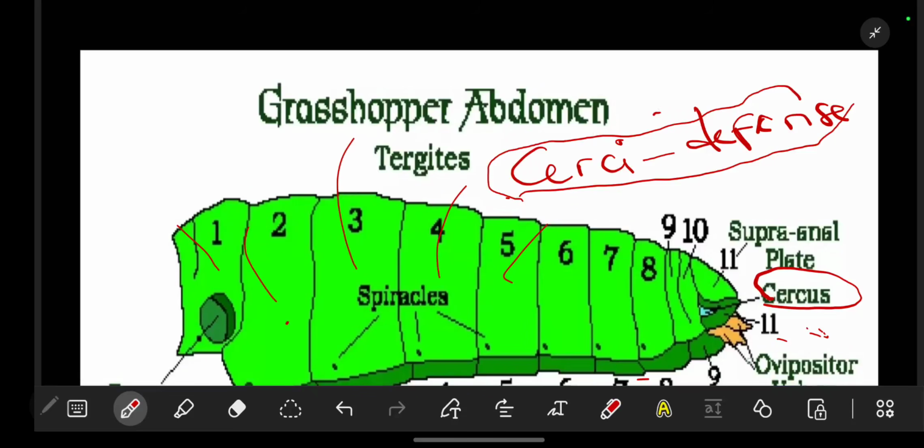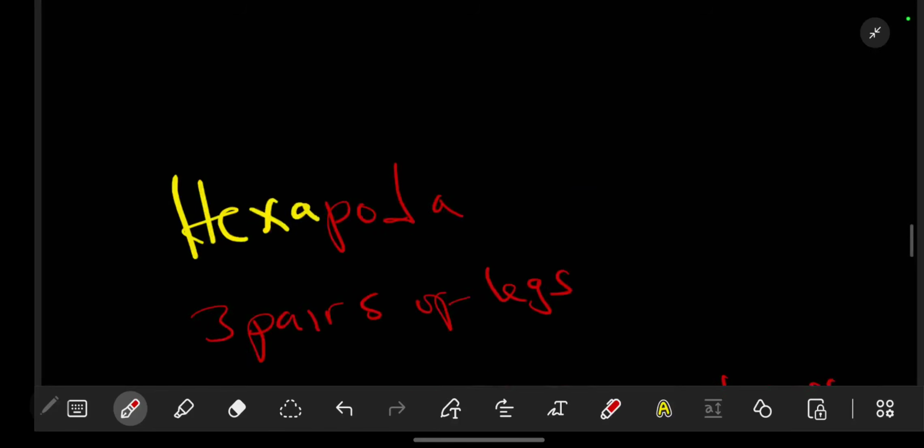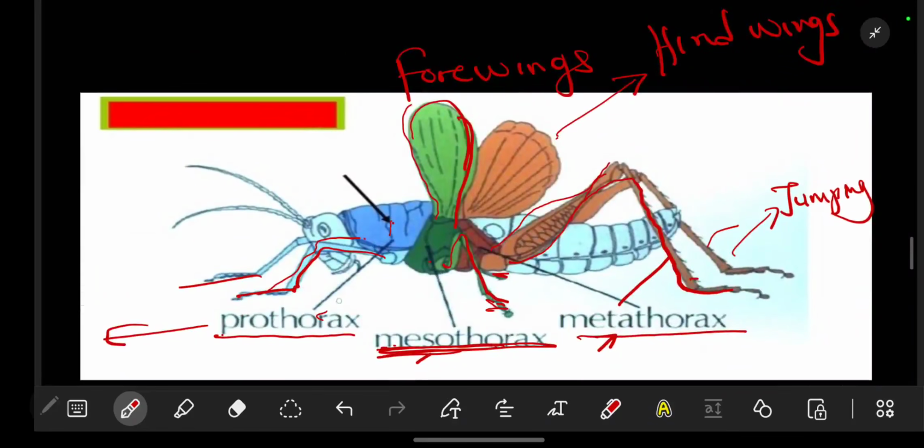This detail is important, and also the prothorax, mesothorax, and the metathorax are very important. Just to recap, the prothorax does not have any wings. It has the first pair of legs. Then the mesothorax has the forewings, meaning the ones in front. Fore means in front. When we say forehead, it means in front.